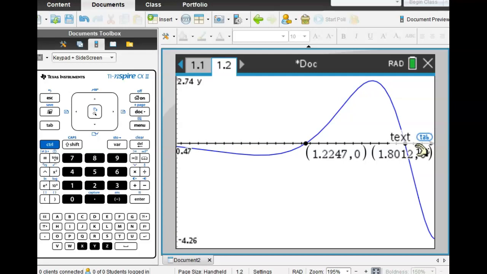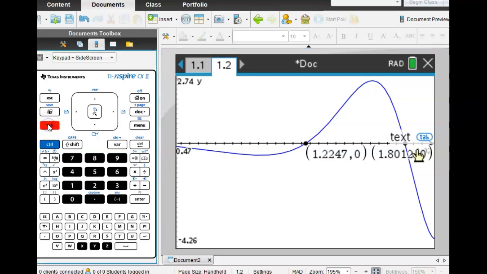And what could I do on here to be able to figure out where -1 is? I know this is 0 and -4.26 or whatever. So basically it's saying when is y -1, right? If I want the x value, I can figure it out by plugging it in. But if I want to know where the y value is, I'm going to add another function.